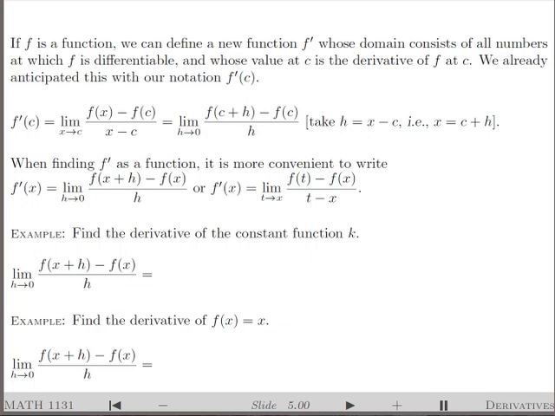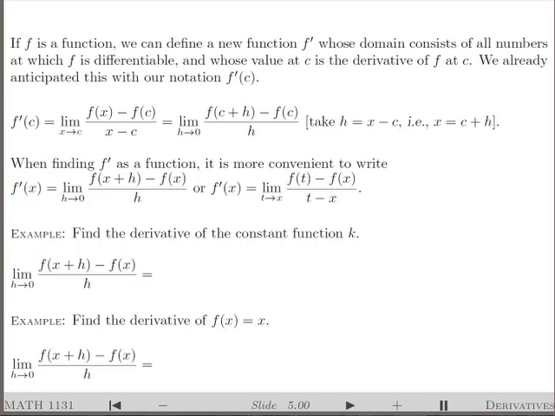So if I have a function f, I construct a new function whose domain consists of all the numbers at which the original function f is differentiable, and any such number c where f is differentiable, we define f prime of c to be the value of the derivative at c. This explains the notation we used for the derivative, with the f prime with c within parentheses, which makes it look like a function. That's because the idea really comes from here.